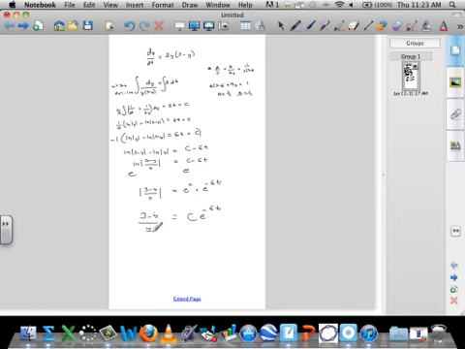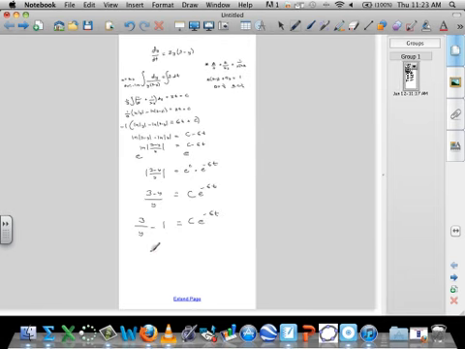And now here's why I wanted this fraction in this form. I can split this fraction: 3 over y minus y over y, which is 1. And now I can solve this pretty quickly in a couple more steps. We're going to add 1 to both sides.